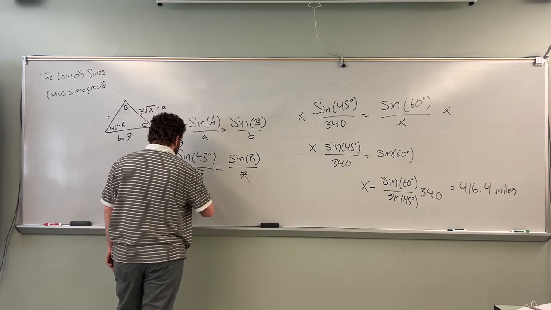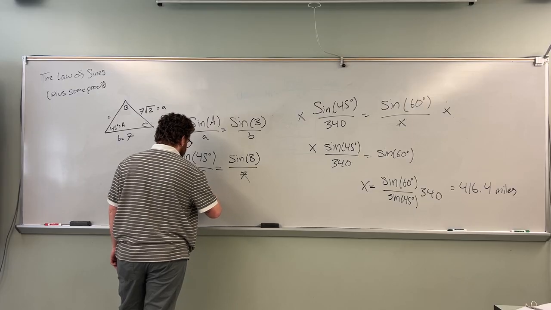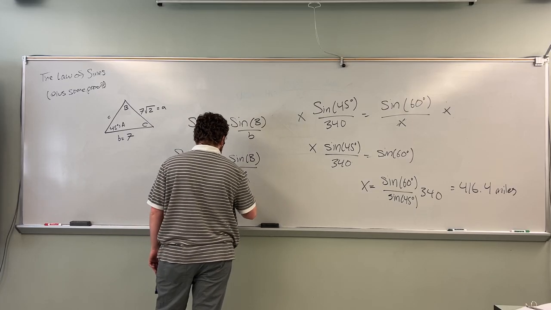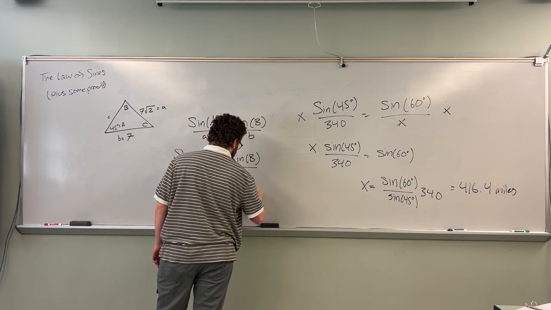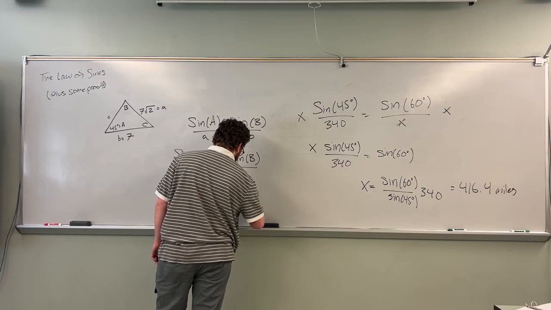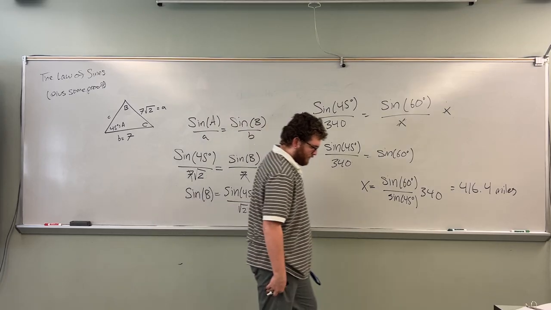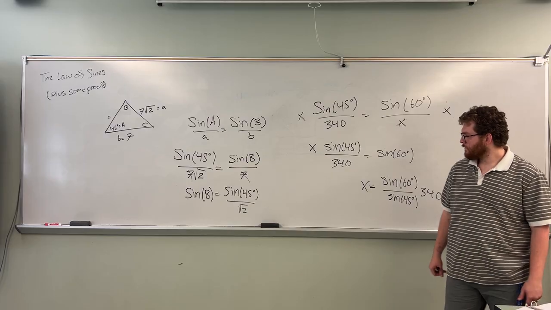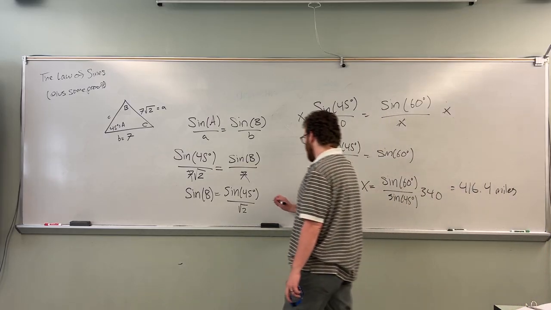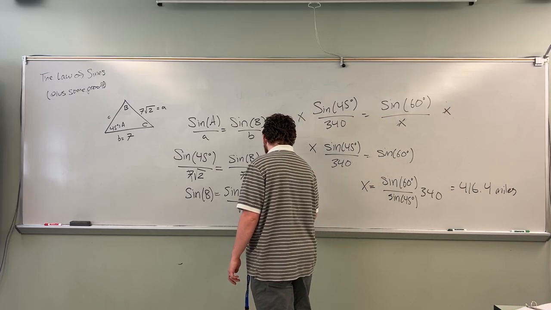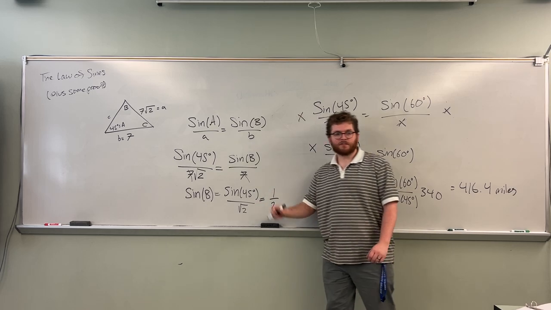And I get sine B equals sine of 45 degrees over the square root of 2, which works out to 1/2. You can do that in your calculator.